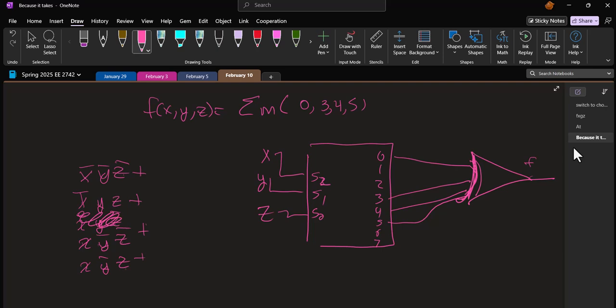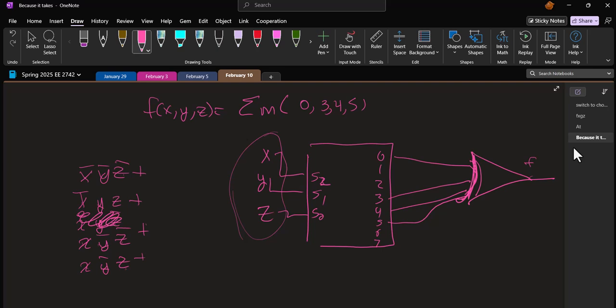So if any of these numbers show up here, then their output will become 1 over here. And if I OR all those together, that will give me my function.